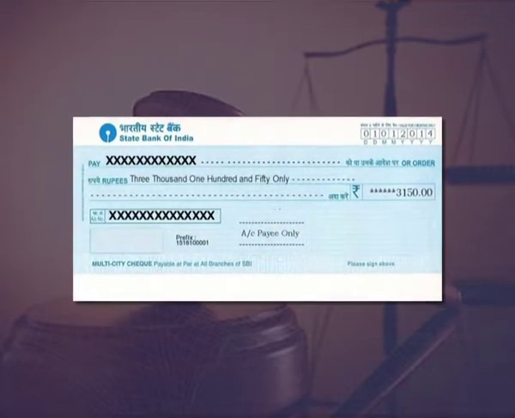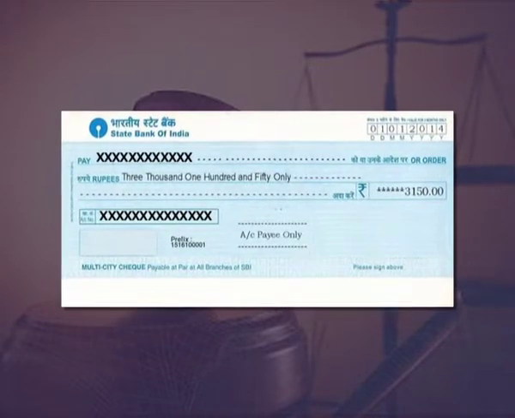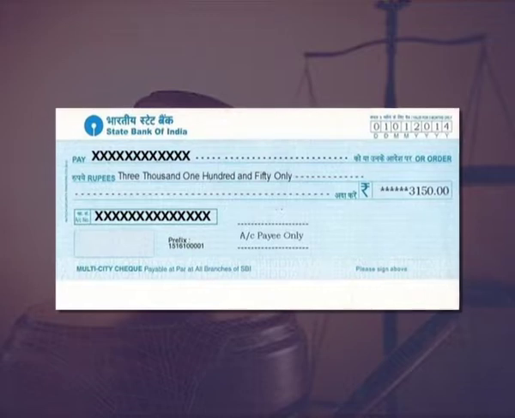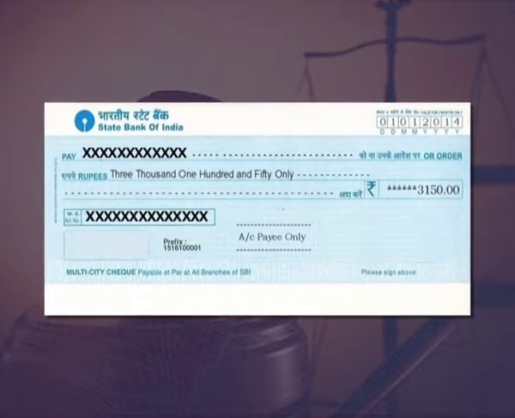Check. A check is a bill of exchange drawn upon a specified banker and it is payable on demand. It includes the electronic image of a truncated check and a check in electronic form.